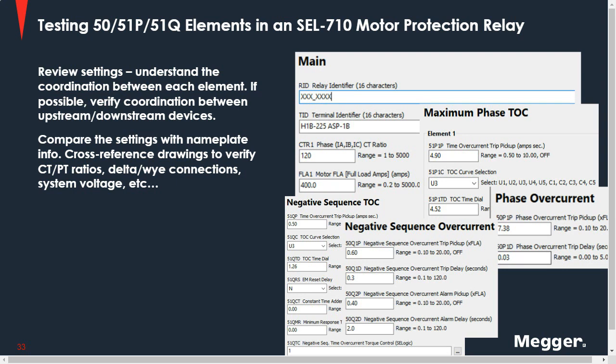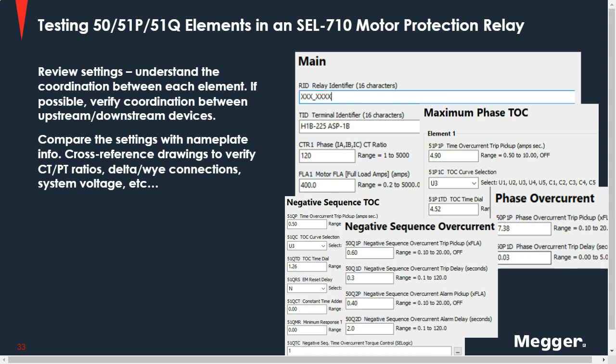Your system voltage, all of these. And I bring this up, I know it sounds very basic, but these are all things that commonly come up in the field. You occasionally will find a discrepancy between your drawings or your nameplate information and what you find in a settings file. And it happens enough.